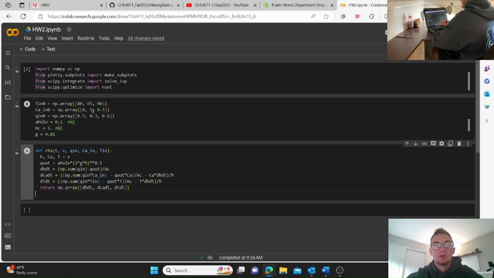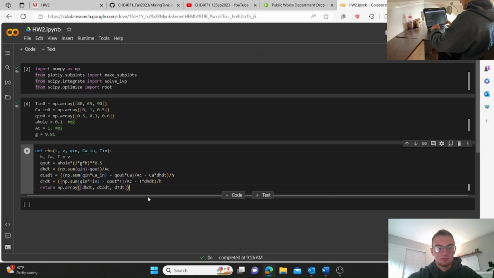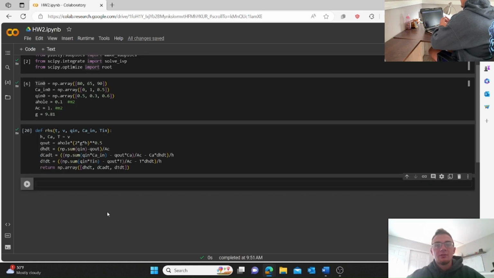So we can actually use a root solver here. So let me delete. Now I'm going to go ahead and use the root solver, and I'm going to create a function called lambda. And we want this to just take in a vector of our height, concentration, and temperature.